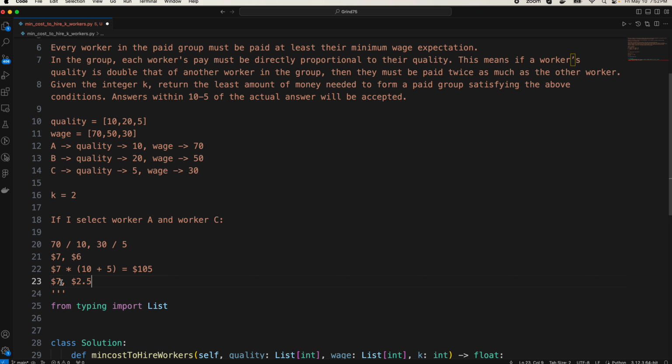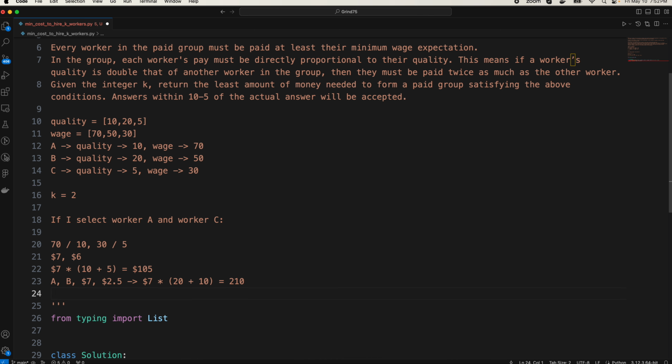I have to pay at least $7. That means if I select A and B, it is $7 times the total quality, 10 plus 20. That is 30 times 7, which is 210.